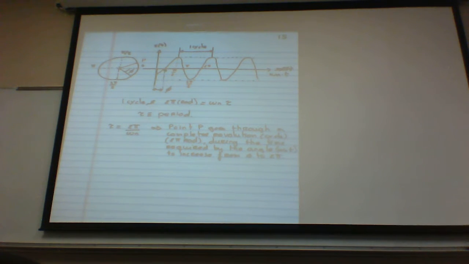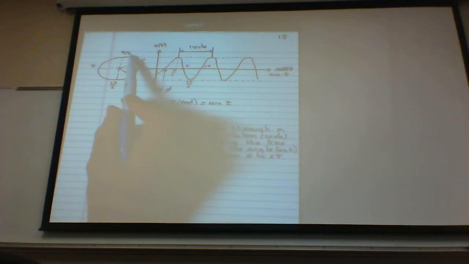Yeah, so basically point P needs to go through the whole cycle, okay? In the amount of time that this angle over here, that it will not be phi, no? It will be omega n t. The amount of time omega n t, so maybe let me plot omega n t. Let's see if I have another color here. What would be omega n t, the angle on this figure? It would be the angle between the red line and the line that says phi.